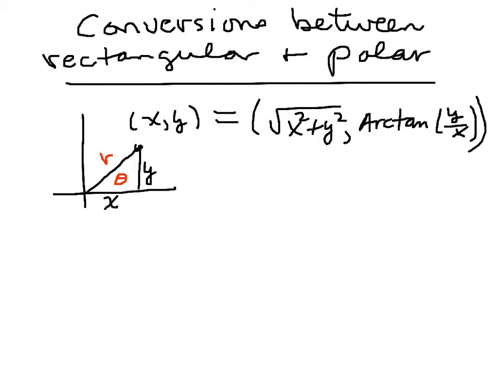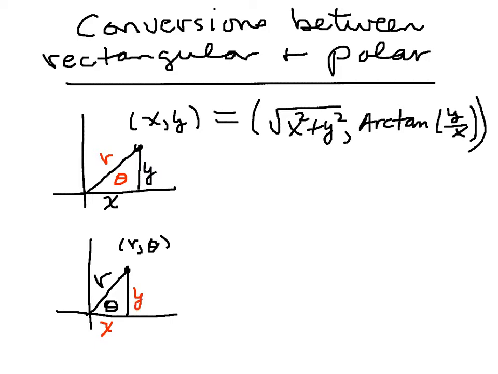Now let's go the other way. So here we have a point given in polar coordinates. So this point is r comma theta, and we want to express it in rectangular form. So just as before, we draw a line down, and what we're looking for is the x and the y coordinate. Now, what we know is that the cosine of theta is x over r.